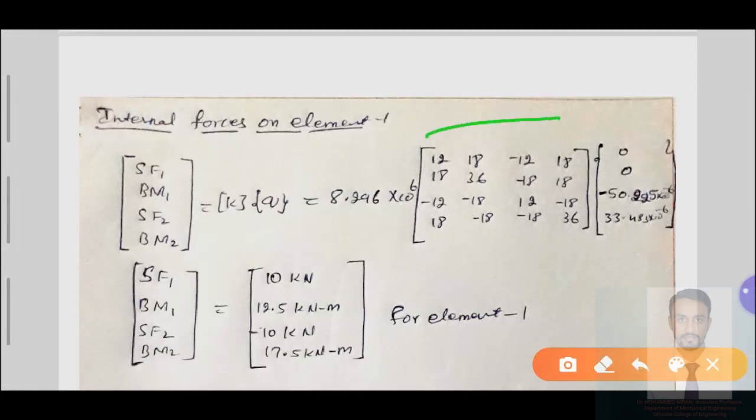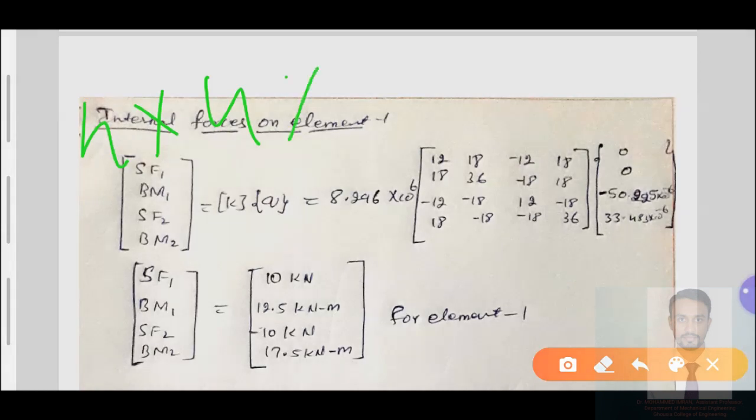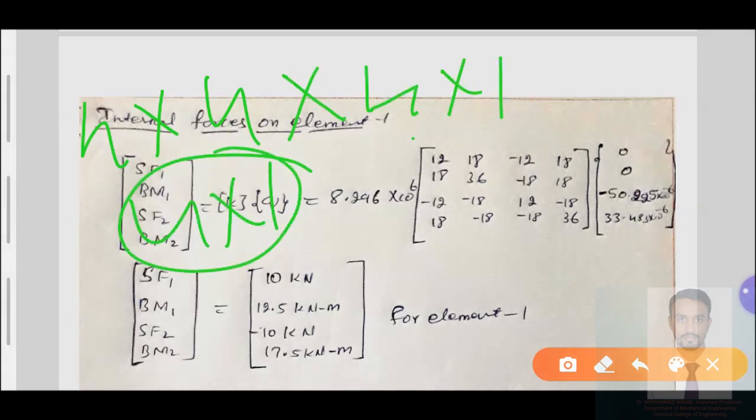Multiply this row with respect to the column. When we multiply a 4 cross 4 matrix into a 4 cross 1, we will get a 4 cross 1 matrix. See here, with respect to this row: 12 into 0 plus 18 into 0 plus 12 into this value plus 18 into this value.